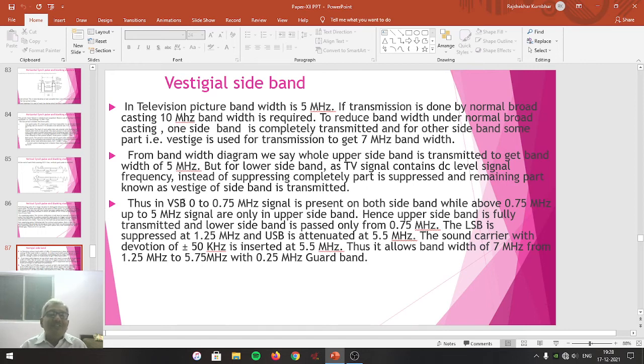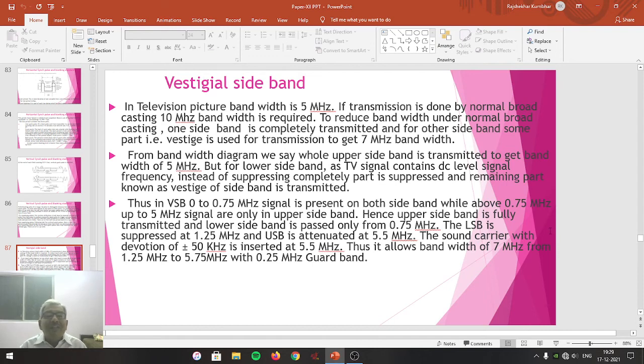Friends, thus in vestigial sideband, the 0 to 0.75 MHz signal is present on both sidebands, while above 0.75 MHz up to 5 MHz signals are present only in the upper sideband. Hence, the upper sideband is fully transmitted, whereas the lower sideband is passed only from 0.75 MHz. The lower sideband is suppressed at 1.25 MHz and the upper sideband is attenuated at 5.5 MHz.